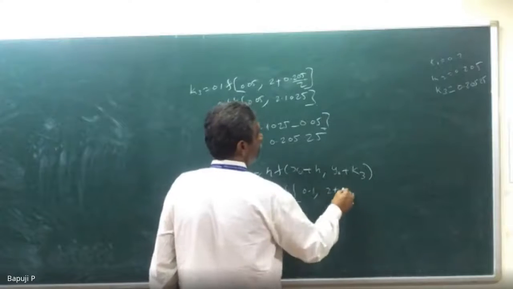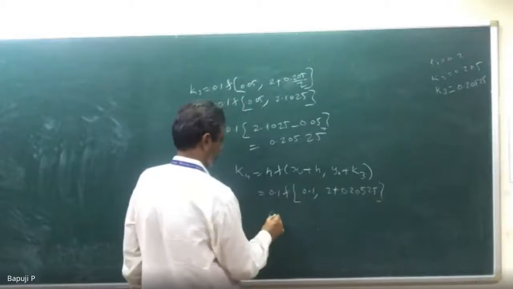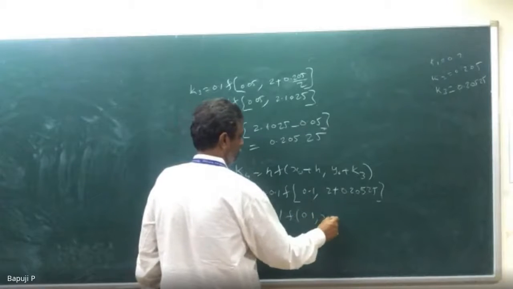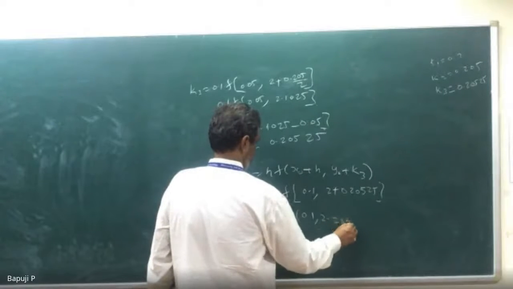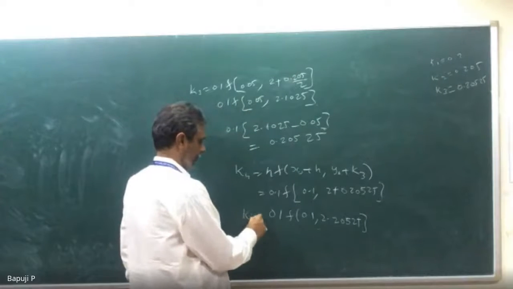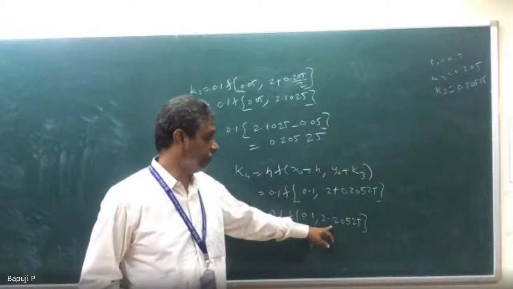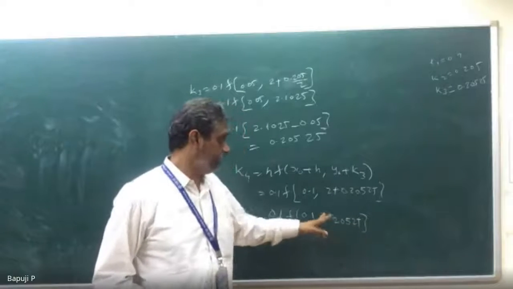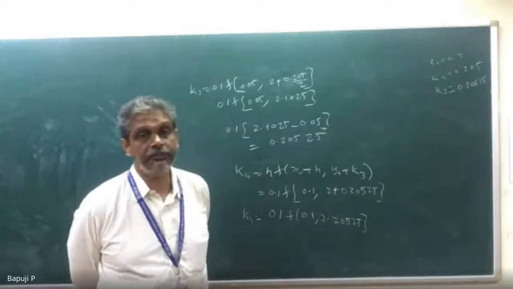K3 is what? See, K4 value, function value at 0.1 comma 2.20525. So from this what you understand actually, x is equal to 0.1, y value you can substitute 2.20525. Correct or not?